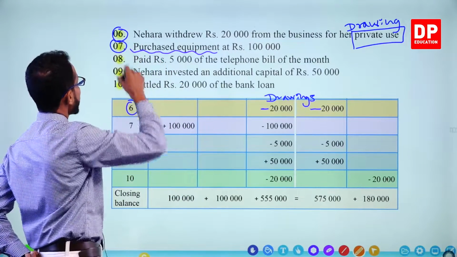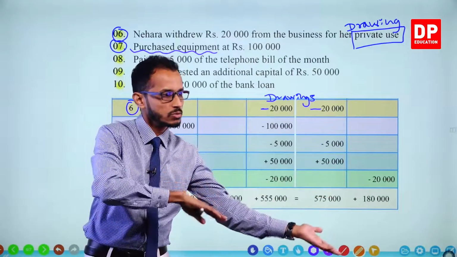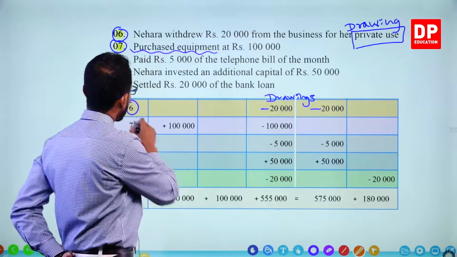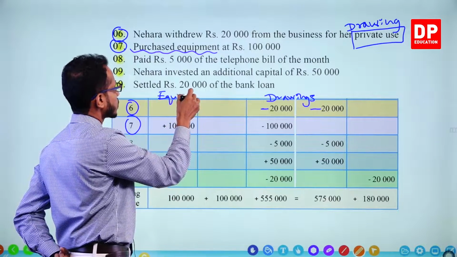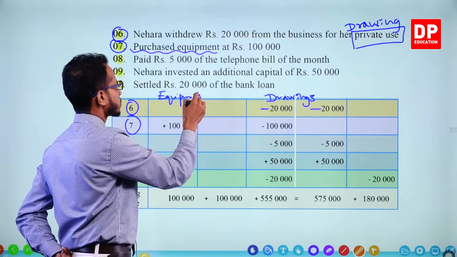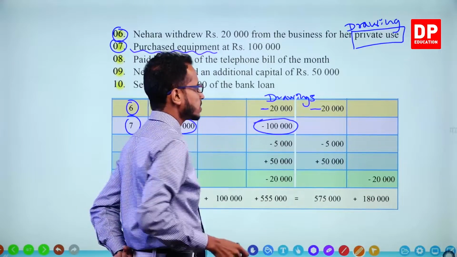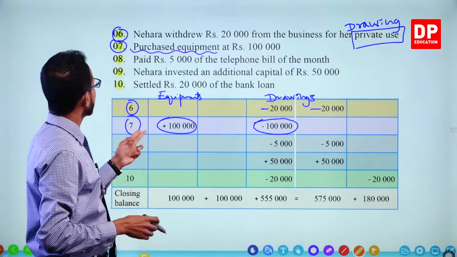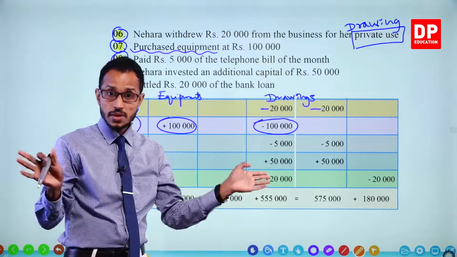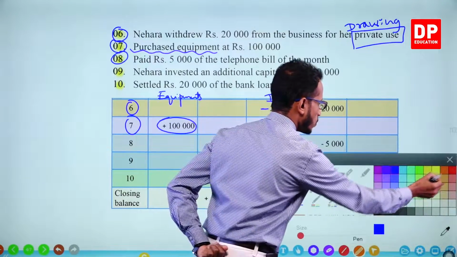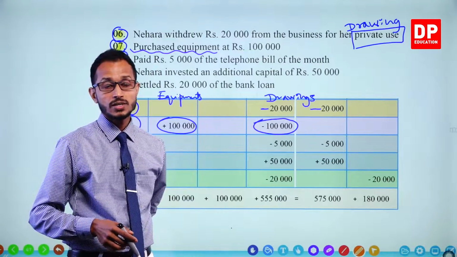Sixth done, we are down to seventh. Purchased equipments, again 100,000 goes out, but 100,000 worth of equipments come in. That means 100,000 equipment. This column is for equipments. Okay, 100,000 equipments coming in, 100,000 cash going out. That is the seventh transaction. Eighth transaction, paid 5,000 of the telephone bill. Expense. I'm not going to tell you that expenses decrease capital. Oh, I told you.